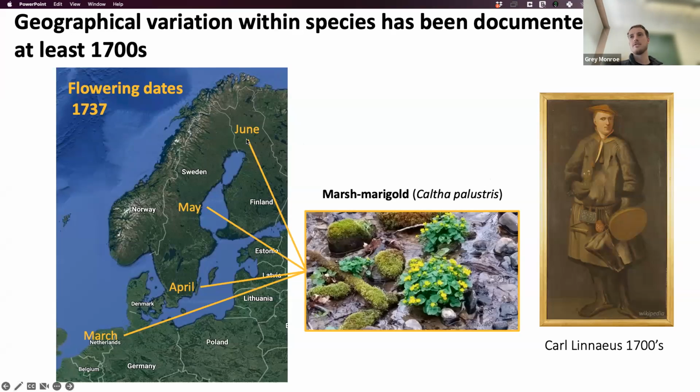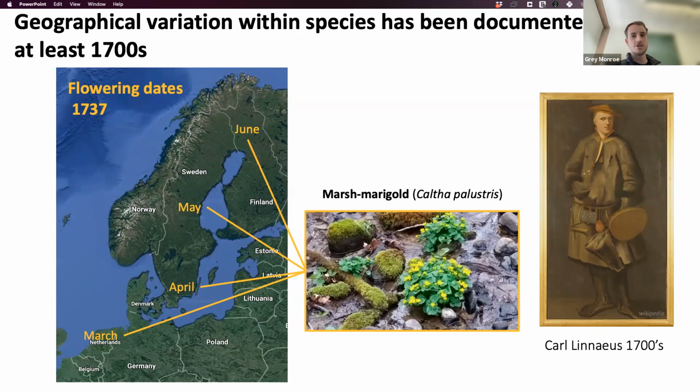He would travel around Europe making observations of different species, and even 300 years ago, he noticed a very strong gradient: in this particular species, plants flower at different times depending on where they're from, across a climate gradient from north to south. Plants in the south flower earlier, but they flower much later in the north.